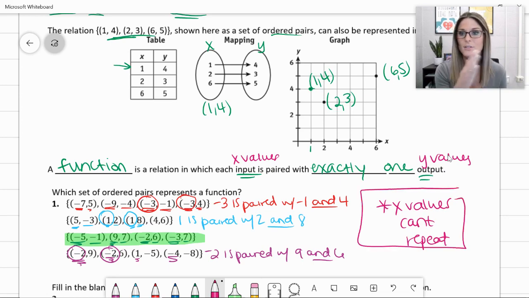If you see them happening twice, just nope, you're done. So instead of reading every ordered pair, I could have just compared the X values. It really doesn't matter what the Y values are. As long as our X's aren't repeating in the list, then I know it's not paired with more than one Y. Okay, so you can just check your X's, make sure your X's are not repeating. They cannot repeat. That is what makes a function.